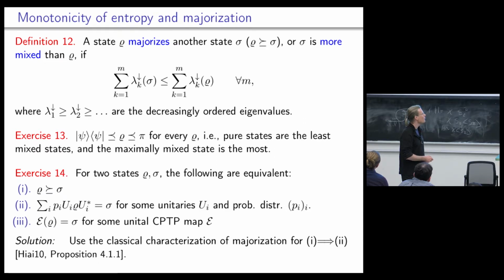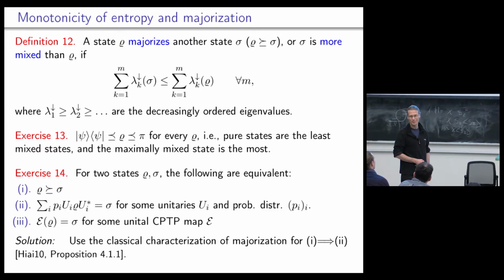So what's the caveat here? What am I claiming? Can someone resolve this apparent contradiction? The statement is that it's not true that every unital CPTP map can be written in this form. Yet, here I'm stating that these two things are equivalent to each other. What's the resolution of this contradiction?